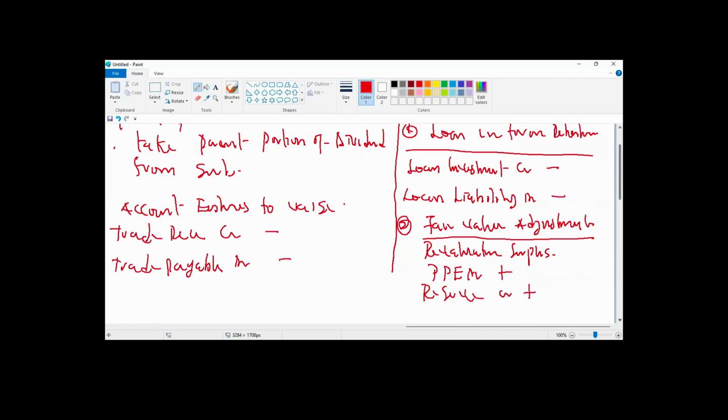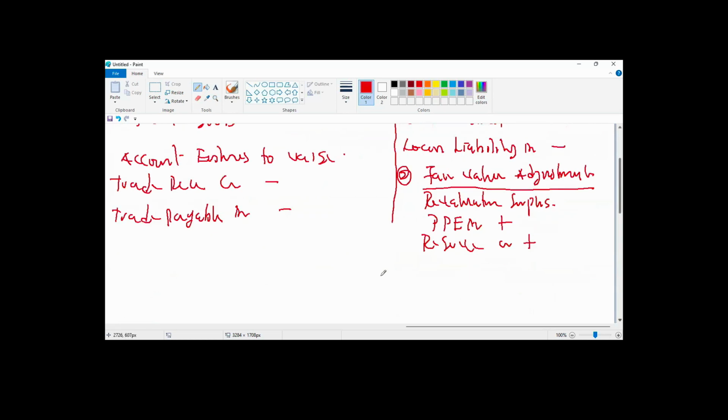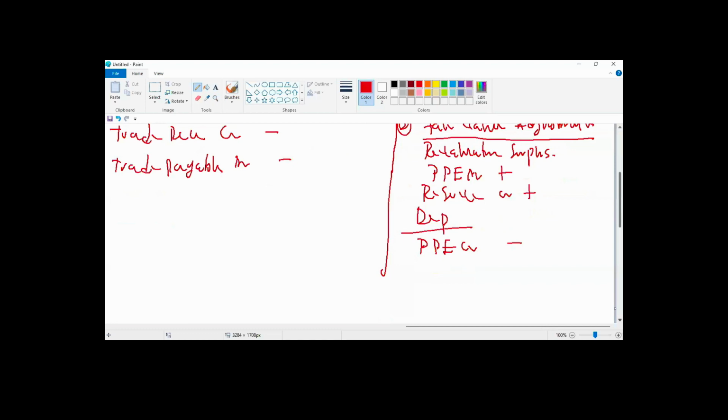Then depreciation that arises on the surplus, depreciation on the surplus, we said PPE credit. Then we said adjusted retained earnings of subsidiary debit.